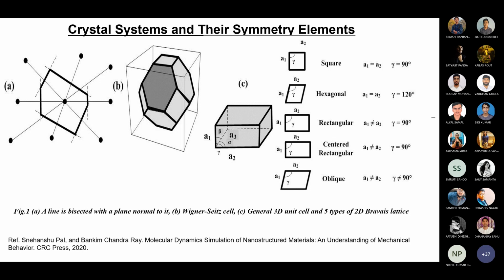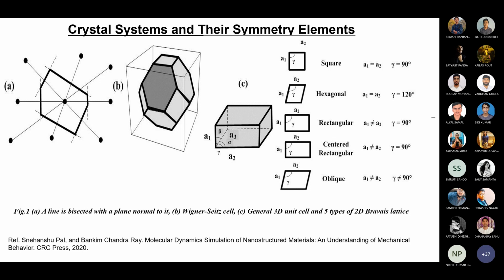You will get figure B, that is the Wigner-Seitz cell. It is a kind of cell where all the plane normals are bisecting each other at 90-degree angles.